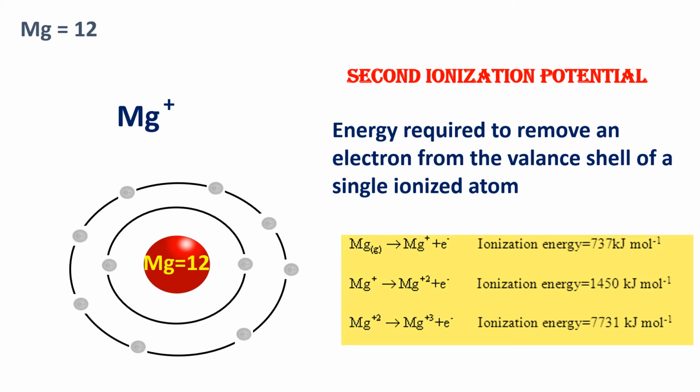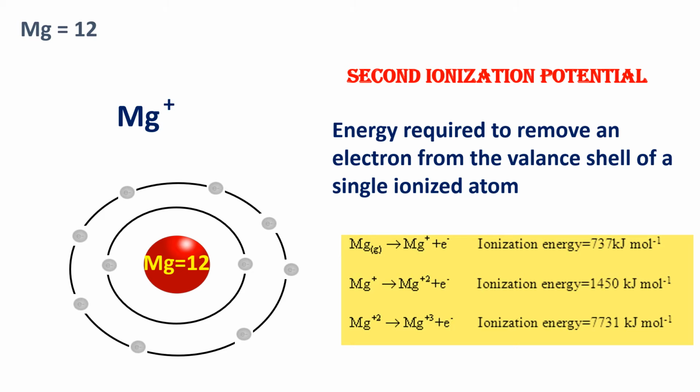Now if you want to remove the next electron, third electron, that will be removed from the shell which contains 8 electrons, the inner shell. We say inner shell. Okay, so it is not very easy to remove, that will require much more energy, and here you can see it is 7731 kilojoule per mole of energy is required. So this is about ionization potential.